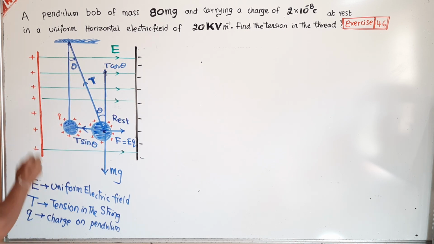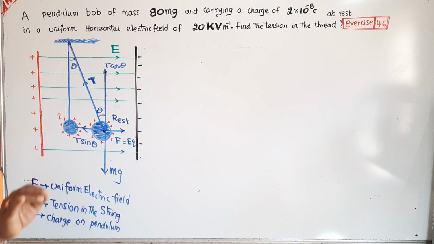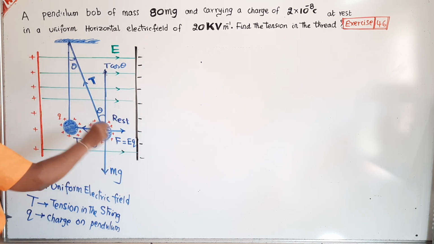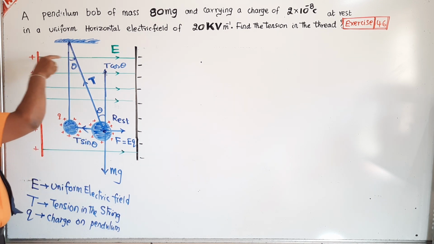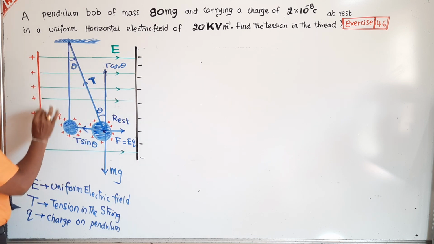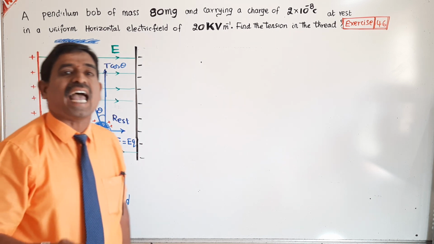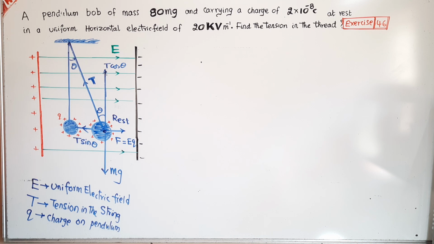In between the positive and negatively charged plates, a uniform electric field is created. Electric field is represented by E. Everywhere in this region, the electric field has the same magnitude and same direction.